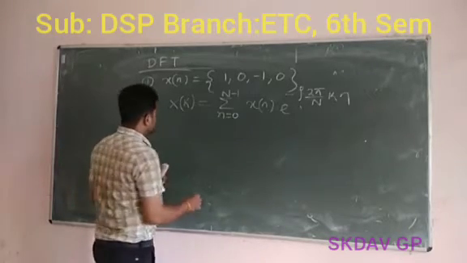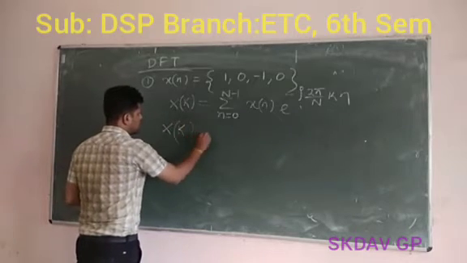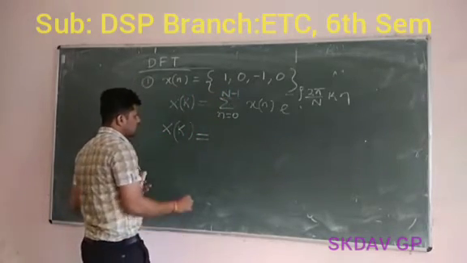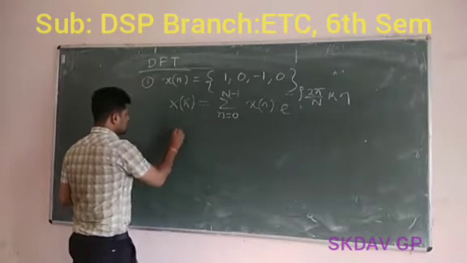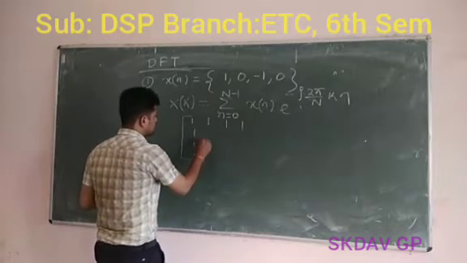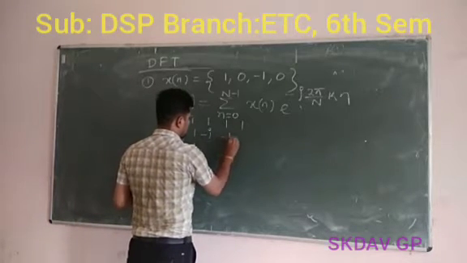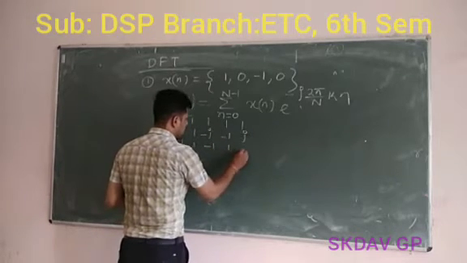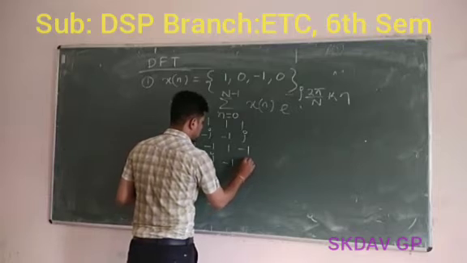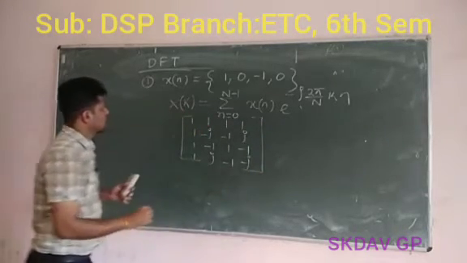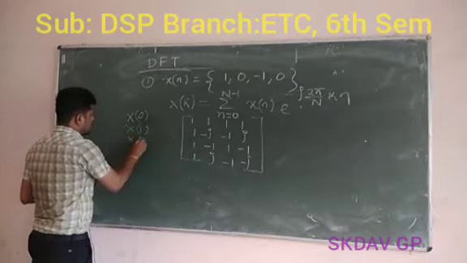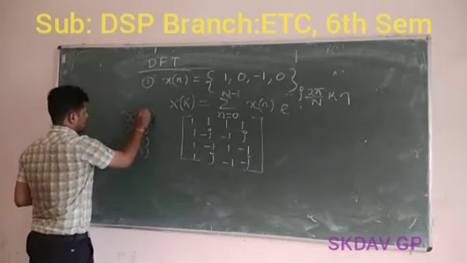So there is a shortcut method also. For a 4-point DFT, the signal is given having 4 samples, hence we use a matrix.